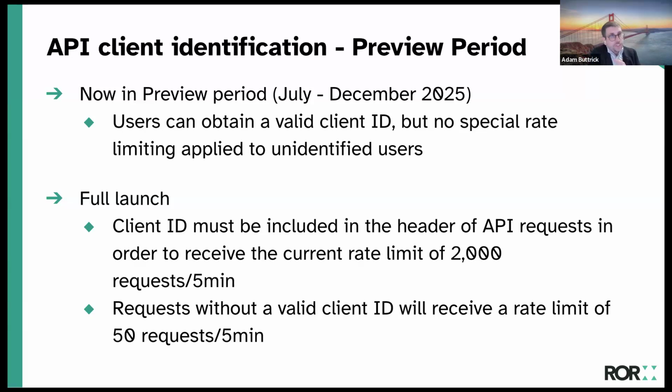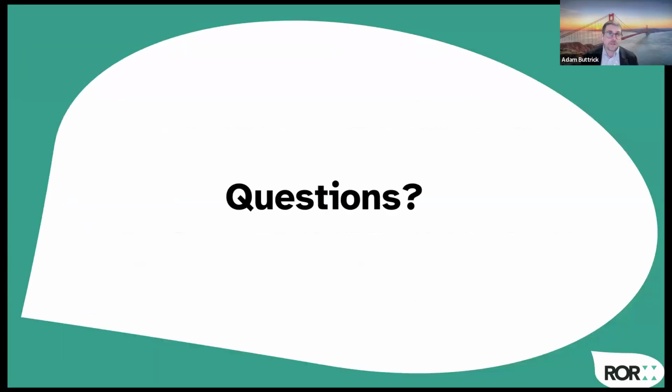I'm going to pause here for questions, in case anyone has any about either switching over from the default response or this client identification preview period. Again, client identification, preview period: test it out, make sure it's working. Thank you for looking in the chat as well, Maria.